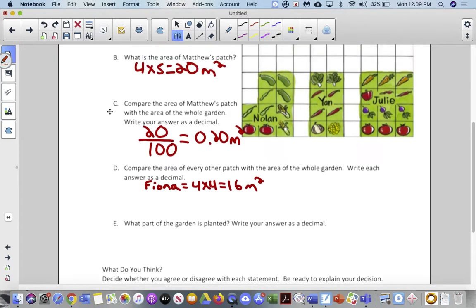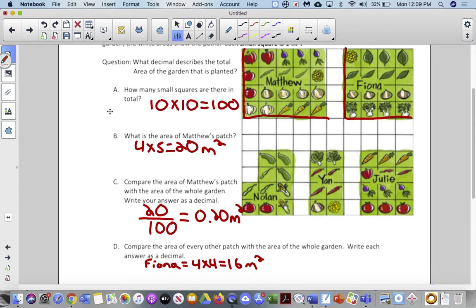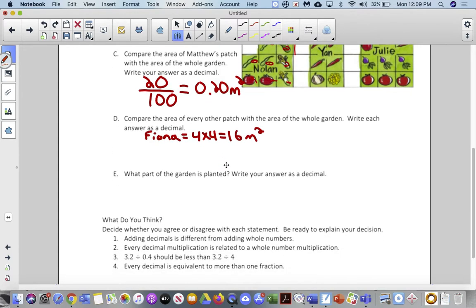If I do Nolan, I have 1, 2, 3, 4, 5, 6, 7, 8, 9, 10. So Nolan has 10 meters squared.